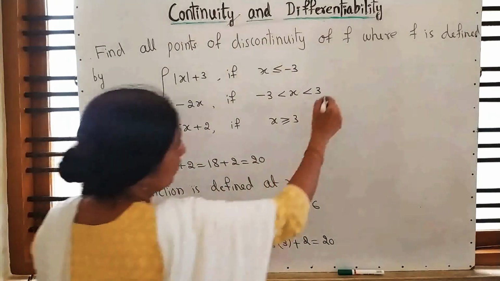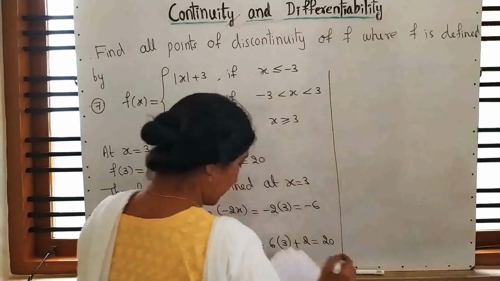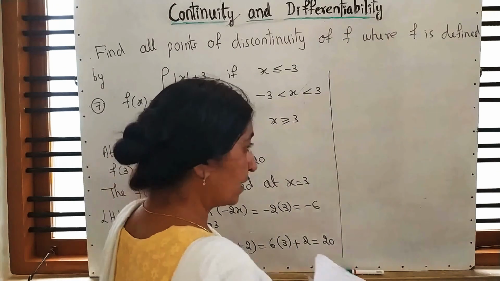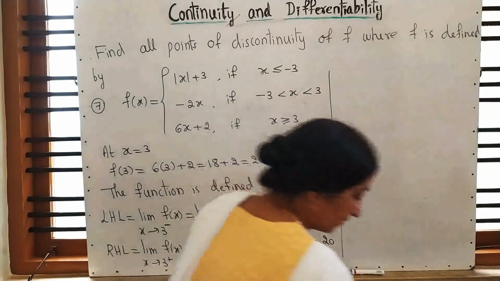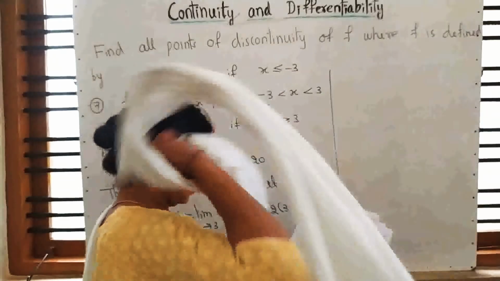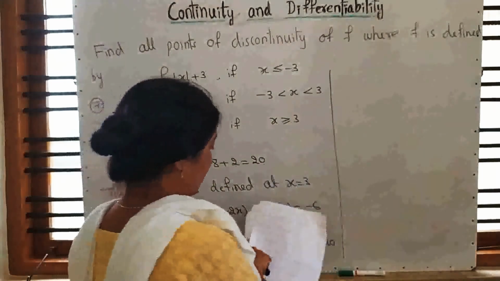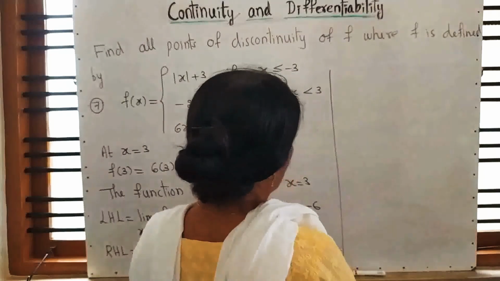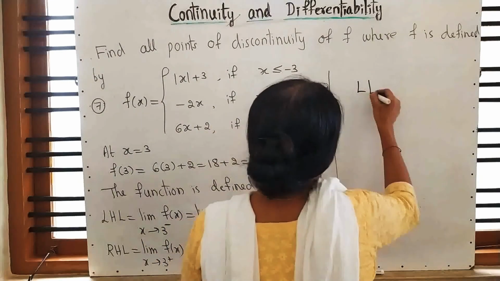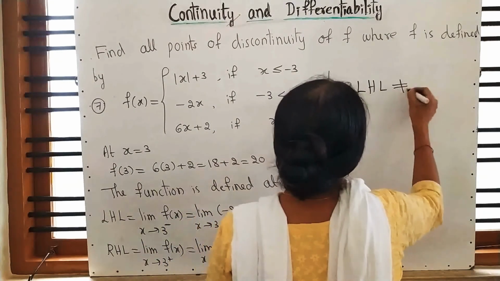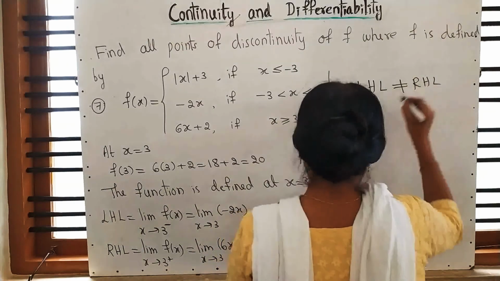Now observe what you are observing. We are observing that the left hand limit is not equal to the right hand limit.